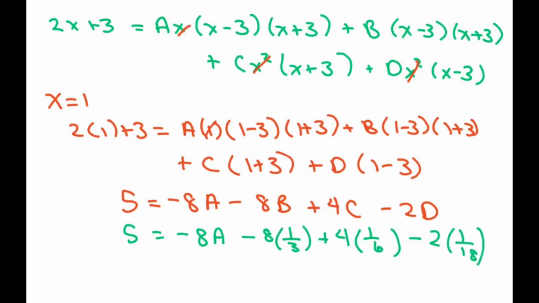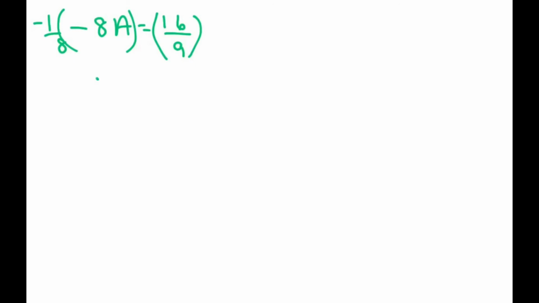And when you simplify all that, you're going to get 5 equals negative 8A plus, this was negative 1/3, plus 8/3 plus 2/3 minus 1/9. So we're going to get negative 8A equals 16 over 9. Multiply both sides by negative 1/8. So that's going to give you A equals negative 2/9.